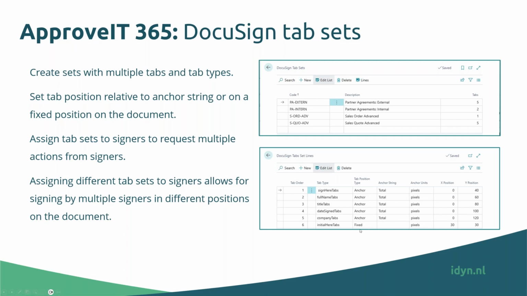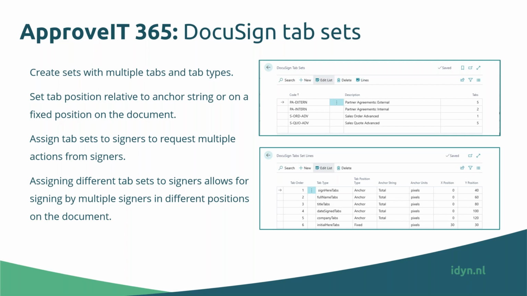We also have a fixed positioning. With anchors, we have relative positioning based from the anchor string, where the anchor string is considered the starting point. And with fixed positioning, we can set some tabs based on the positioning on the complete document.